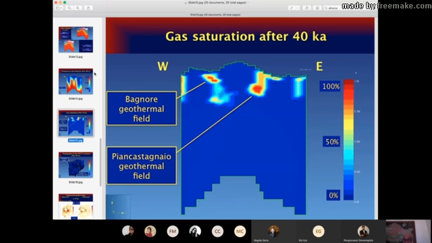To produce 20 megawatts electric, you need about 130 tons an hour of geothermal fluid. You need to pull out of the geothermal field 130 tons per hour. This is the rule of thumb. So it's a relatively large amount of fluid that you pull out as vapor.